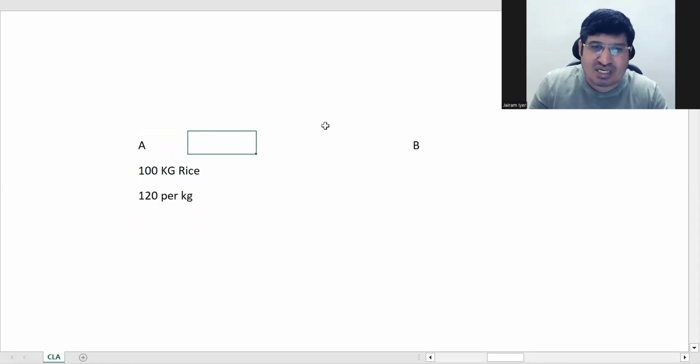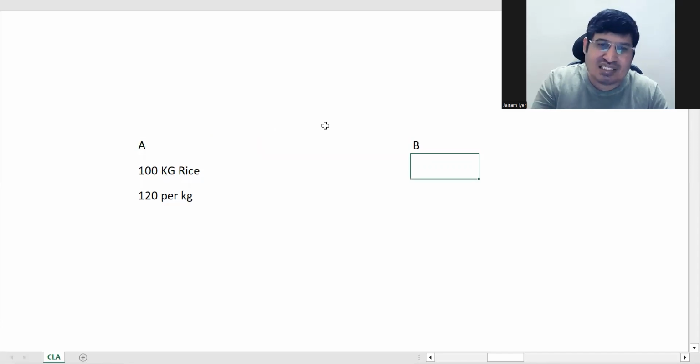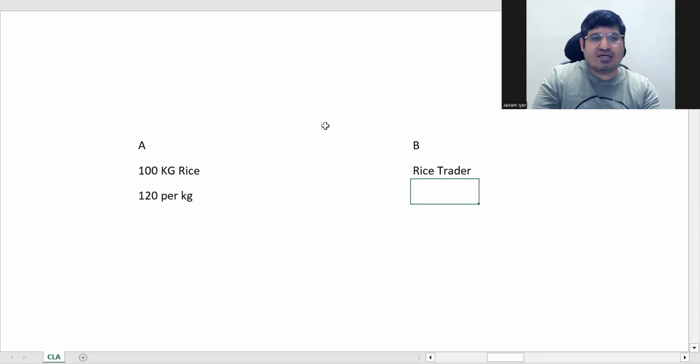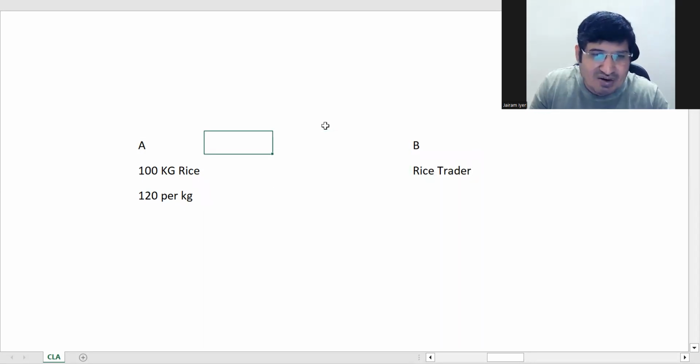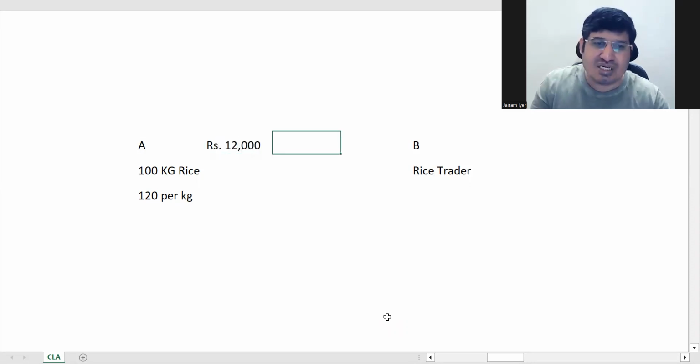A wants this, and B is a rice trader. So if the deal is fixed, A is now giving B 120 per kg into 100, which will be 12,000. Rupees 12,000 A will be giving to B.